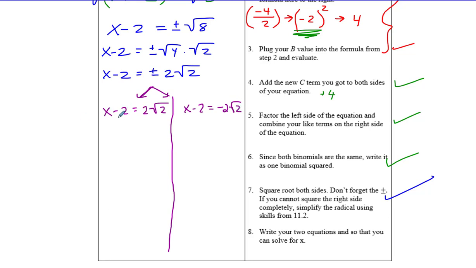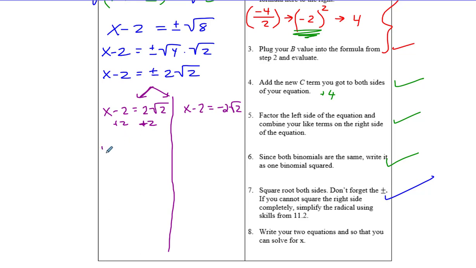All right, so to get rid of this negative 2, I need to add 2 to both sides. But remember, this 2 cannot be combined with this 2 because these are not like terms. Like terms need to have the same radicand and the same index, and these do not.